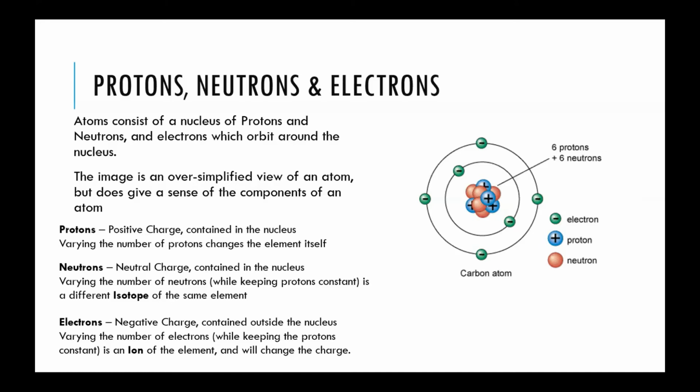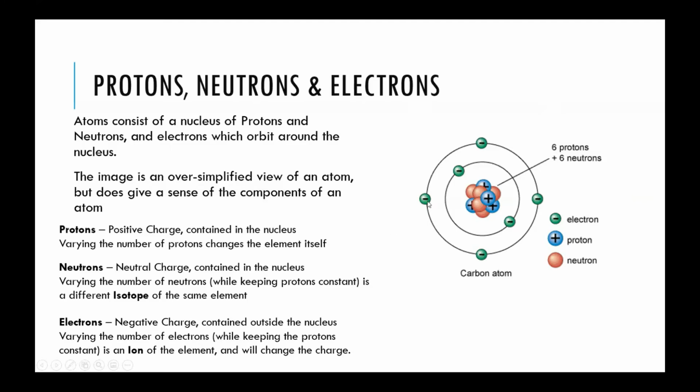However, electrons can move around. This is where the actual chemistry happens: moving electrons between different atoms. That's how chemical reactions take place. An atom can exist that has one extra electron. If it was neutral and you added one negatively charged electron, the whole charge would be negative.